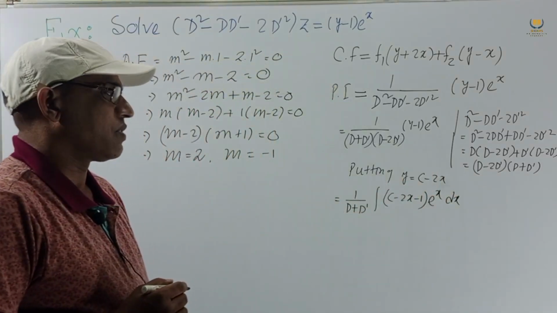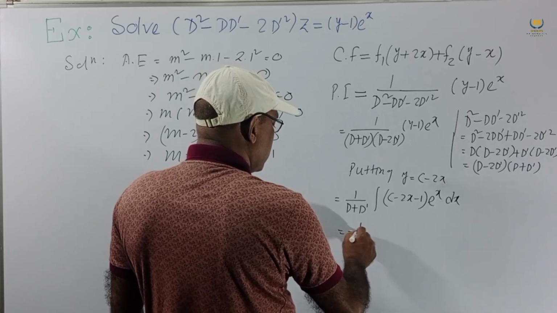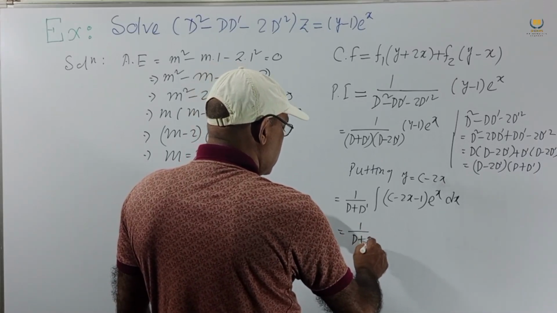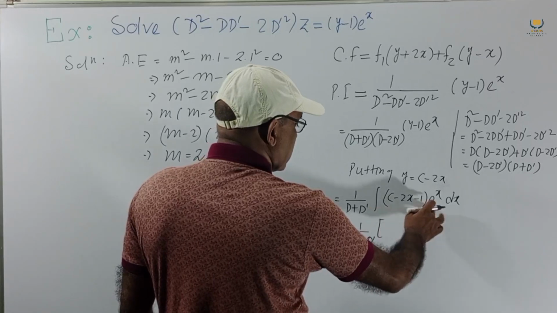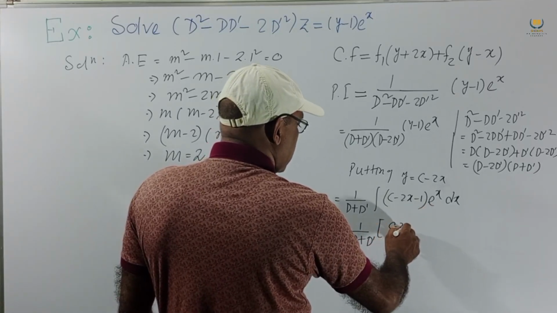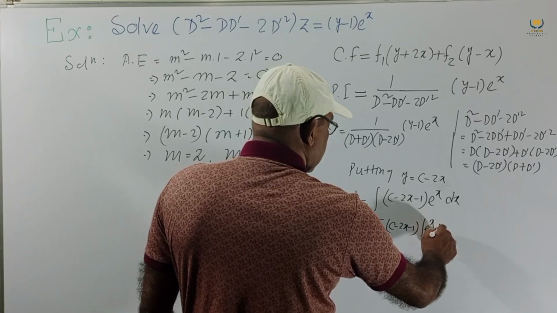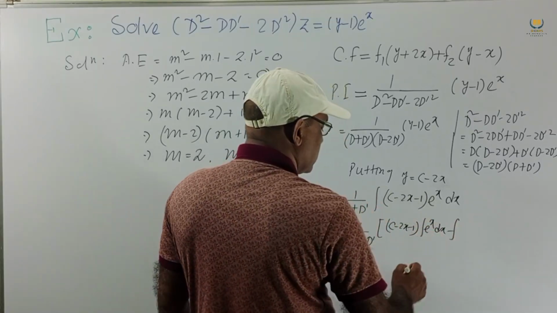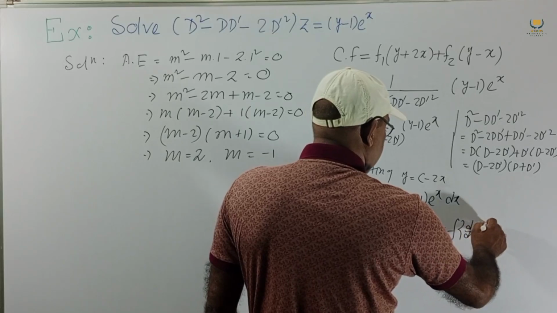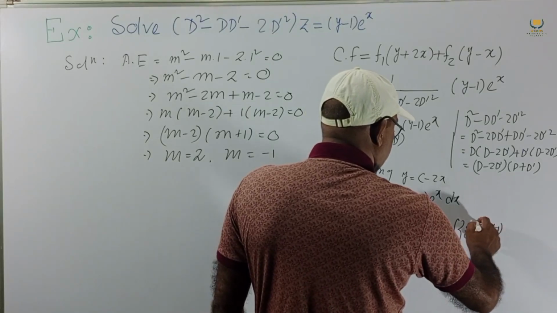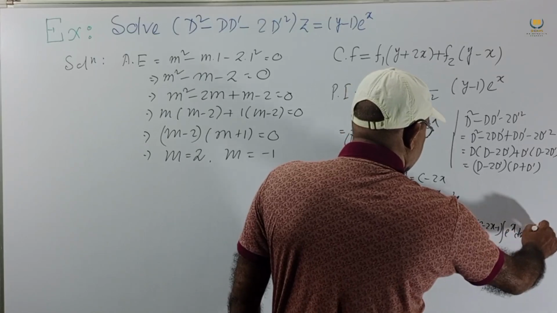Now we integrate this by parts. Using the by parts formula, c minus 2x minus 1 is the first function, e to the power x is the second function. Integration of f(x) g(x) dx is f(x) times integration of g(x) dx minus integration of d/dx of f(x) times integration of g(x) dx, all times dx.